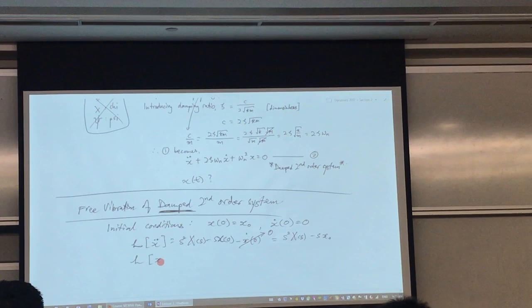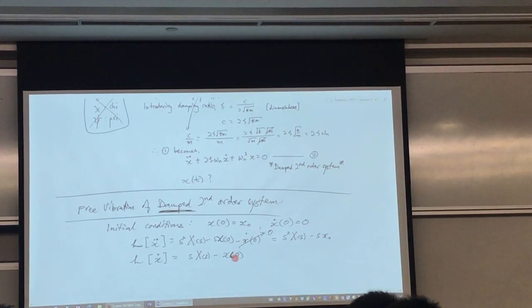If I were to take Laplace of x dot, that will give me X(s) minus x at time 0. How I got this is all coming from your Laplace table. If you refer to your Laplace table, you'll be able to see these two lines together with initial conditions, and this can be simplified in the following example.